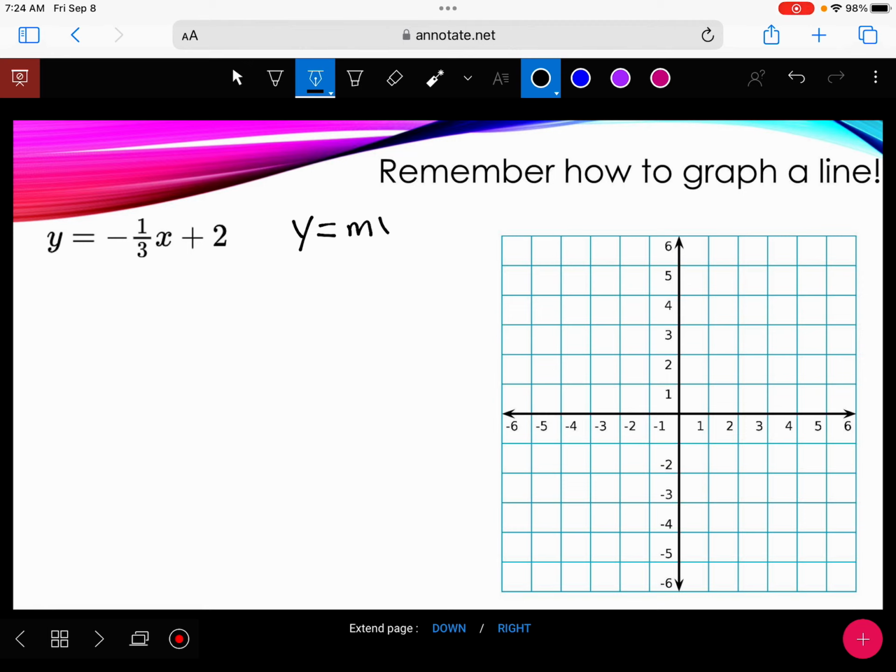How do we graph something from slope-intercept form? Yeah, we're going to start at our y-intercept. In this case specifically, it's 2. So on my y-axis, we're going to start at 2. I'm going to put a dot.